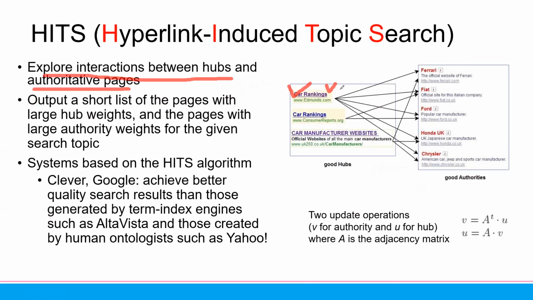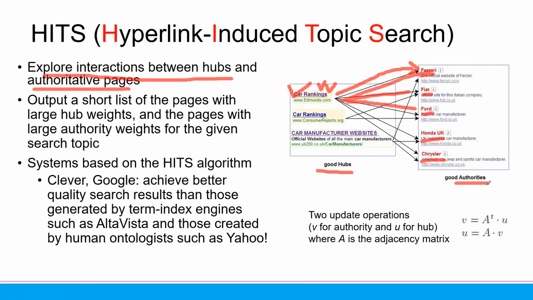The car rankings can connect to any car brand. Maybe they connect to Ferrari, Fiat, Ford, Honda, Chrysler, and etc. So we call this the hub, because one link can connect to another specific link, and the specific link is the authority.